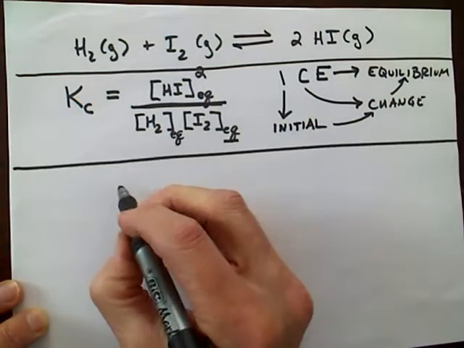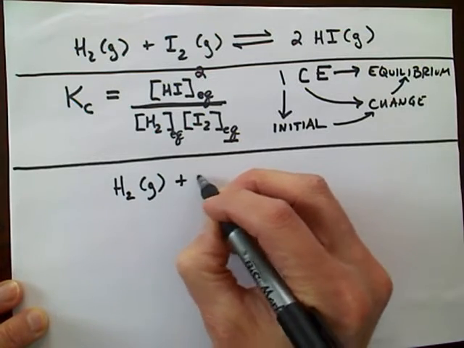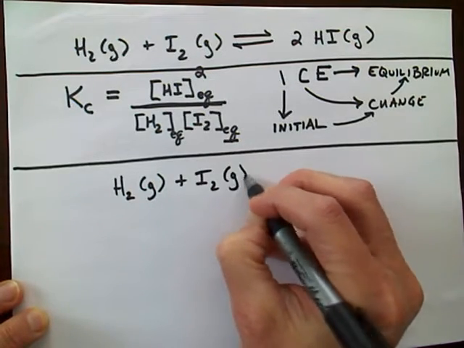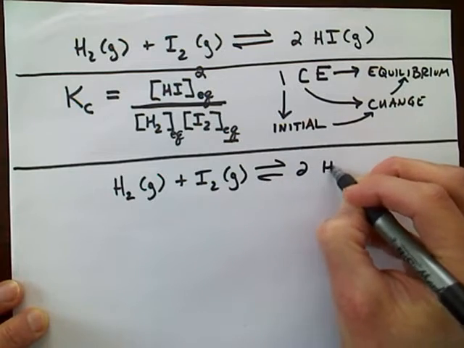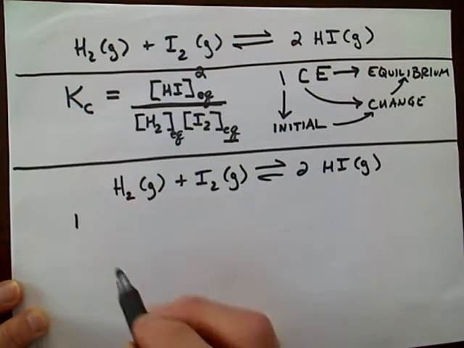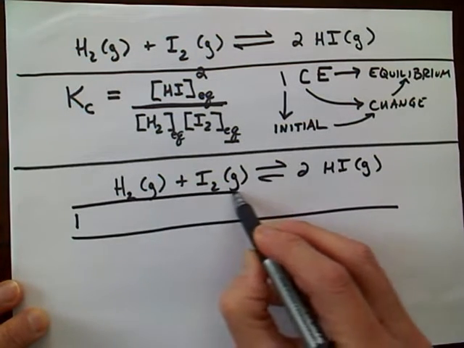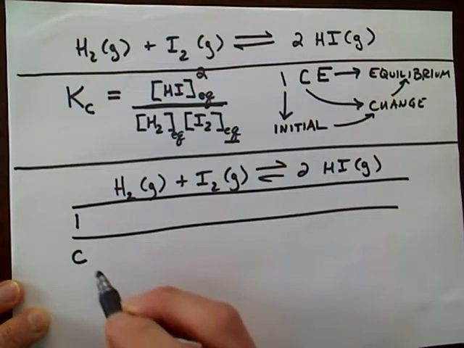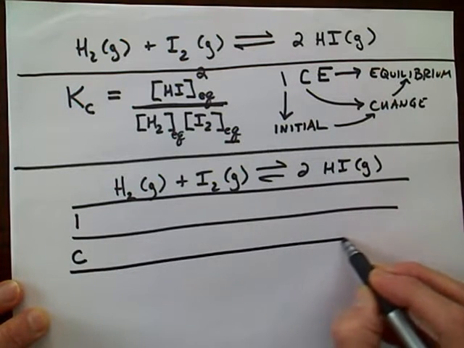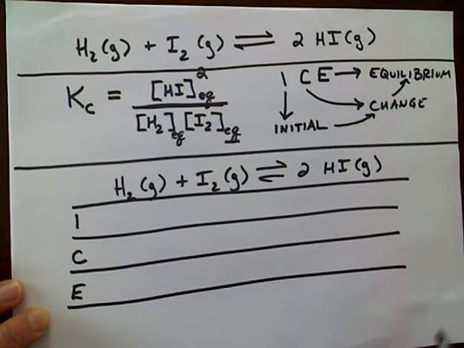So we'll do that for this reaction here. I always like to write my reaction at the top of my ICE chart. So I just do this here, H2, I2, goes to 2HI, and then down the side I'm going to write I for initial, so in this row are going to go the initial conditions, and then C, this is going to stand for the change that's going to occur, and then E, that's going to stand for our conditions at equilibrium.